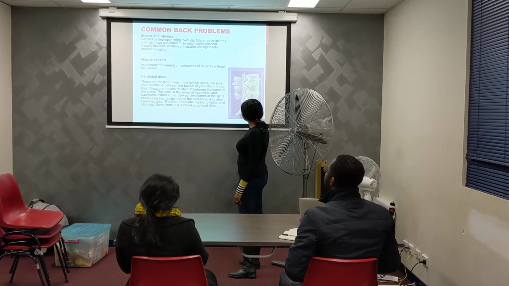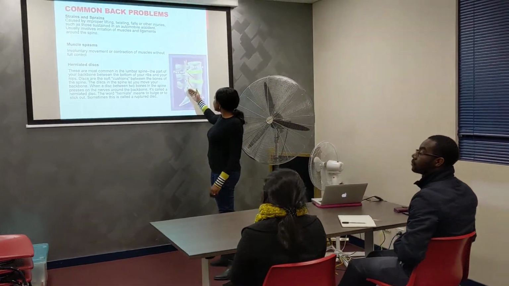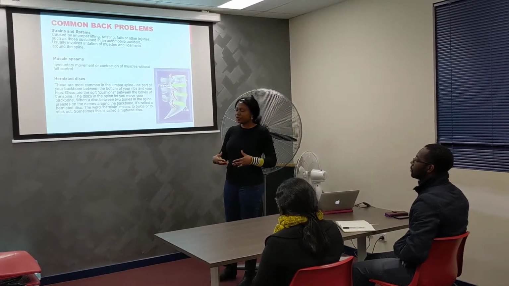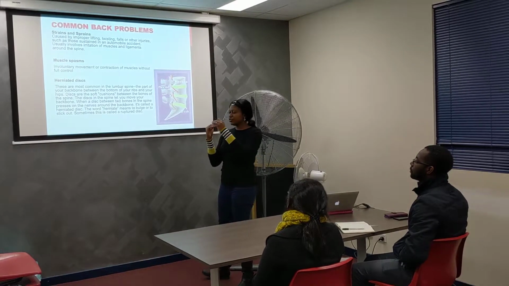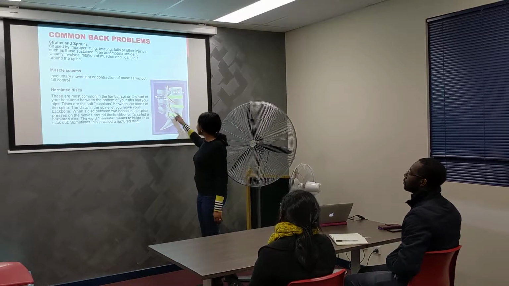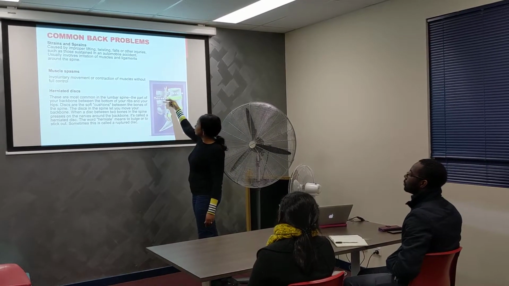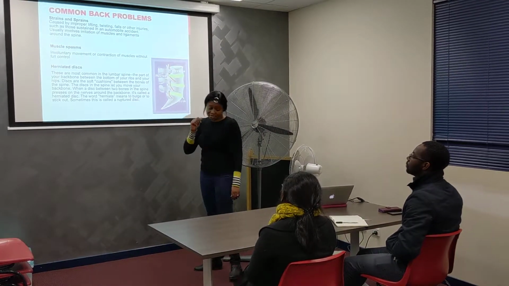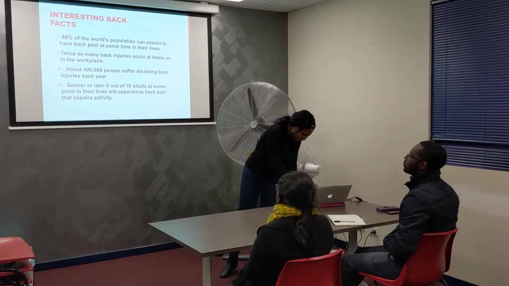This is a disc right here, which provides a cushion to allow the bones to move. This red one is a nerve. When the disc pushes onto the nerve, it's called a herniated disc, and that causes a lot of pain. I just thought I would give a bit of background.